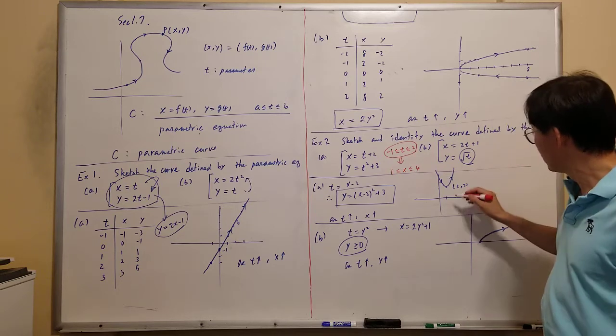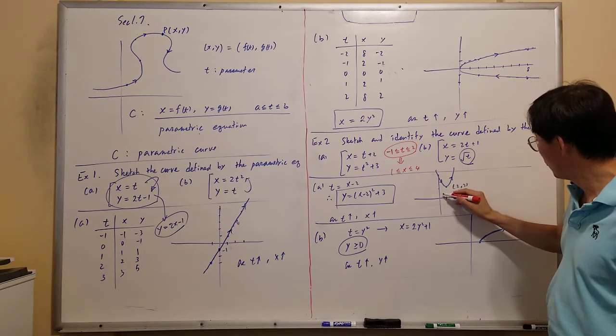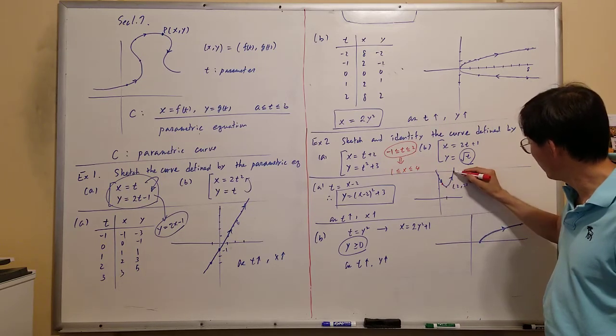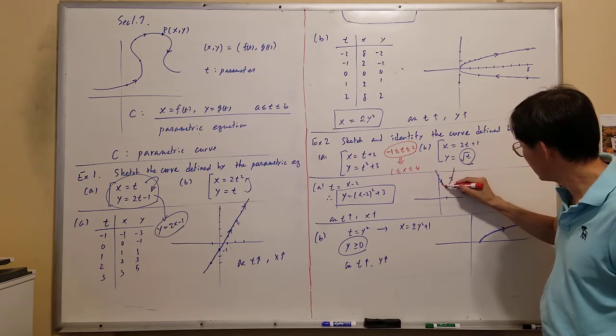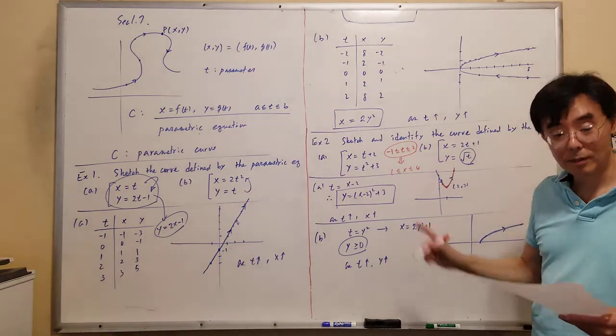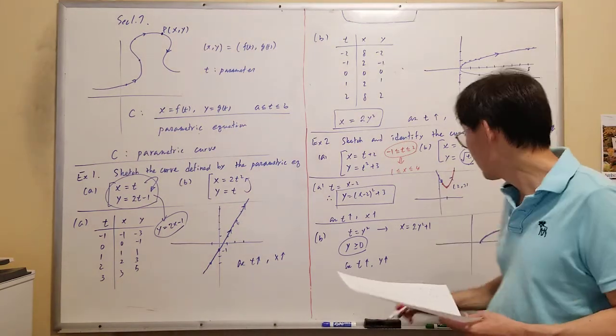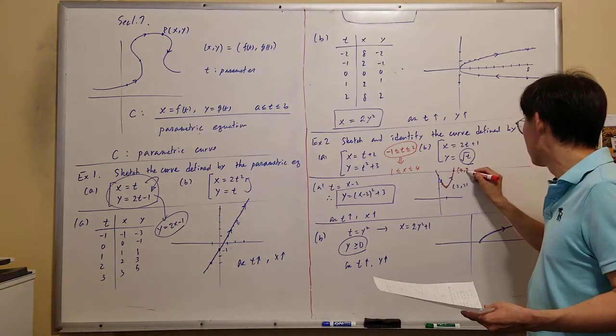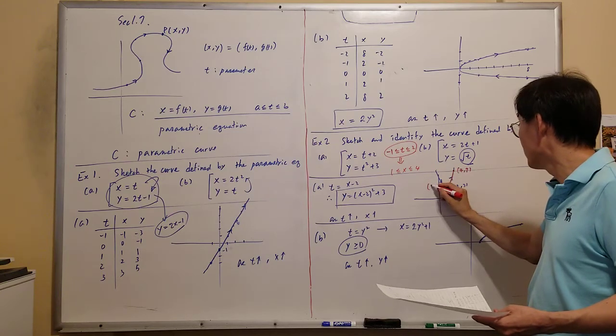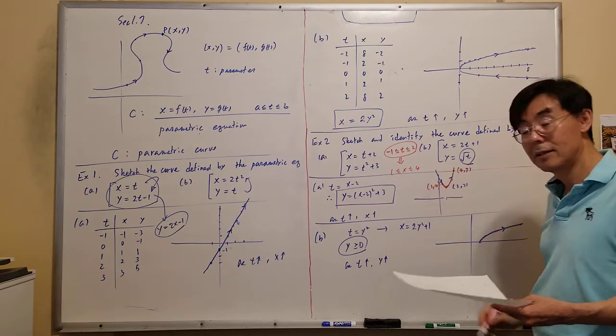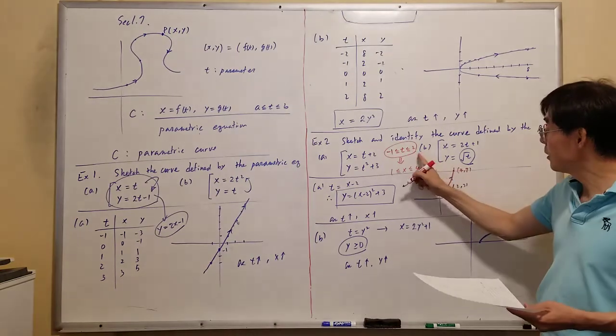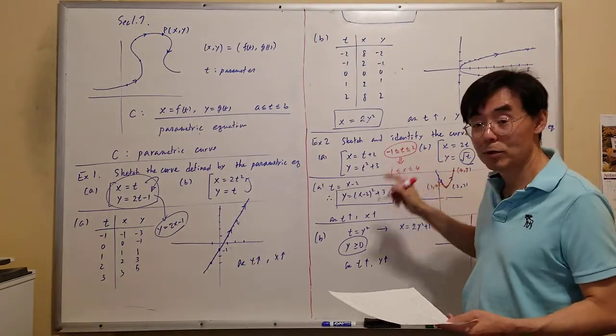So x is between 1 here and 4. Something like this. That will be some finite piece of that parabola. Okay? 4, 7, and 1, 4. Okay? So you have to be mindful about the restriction of the domain.